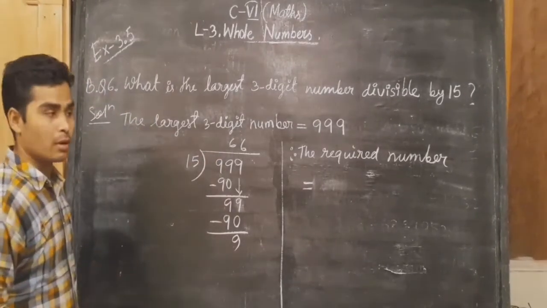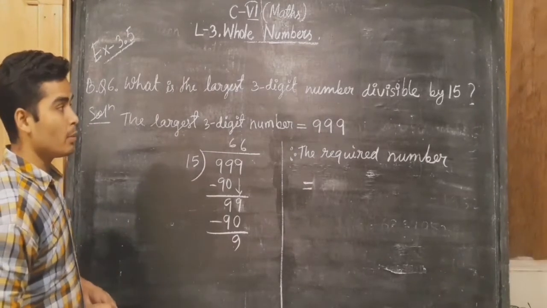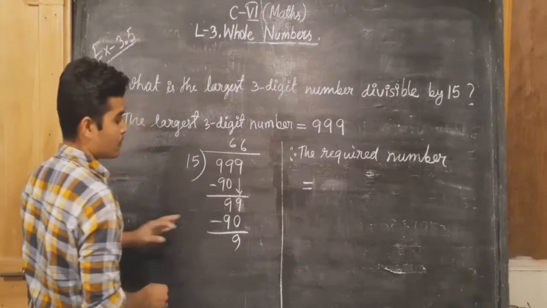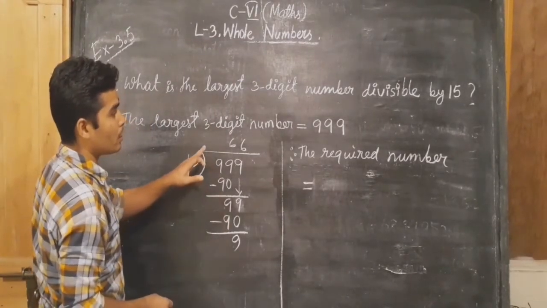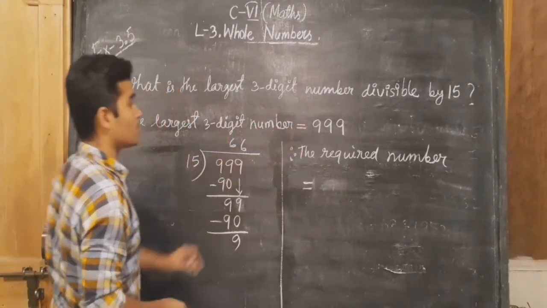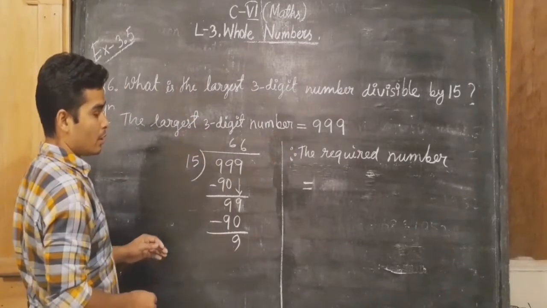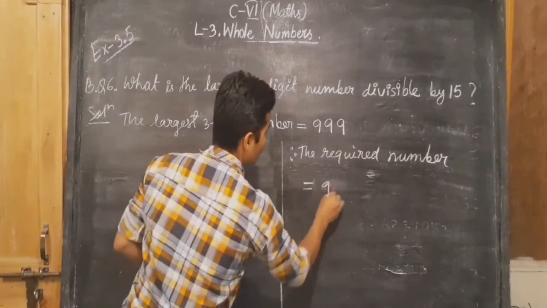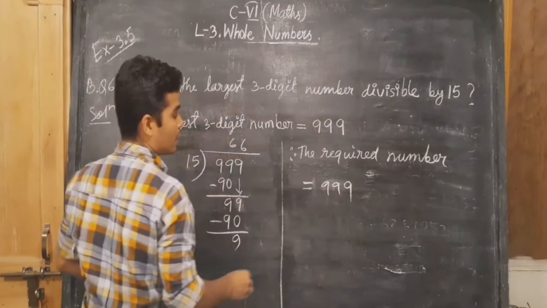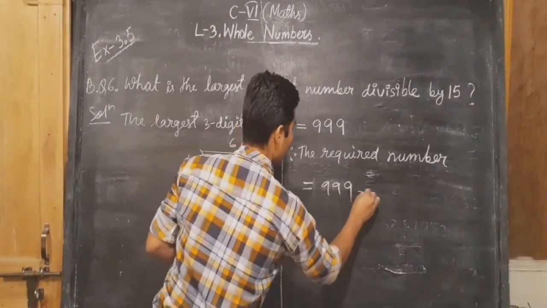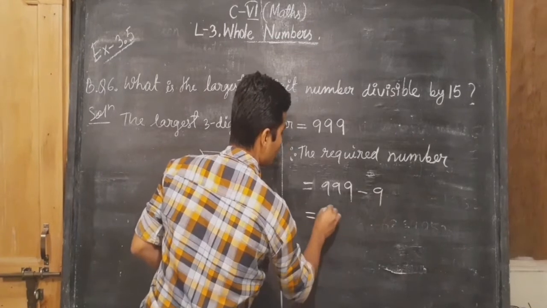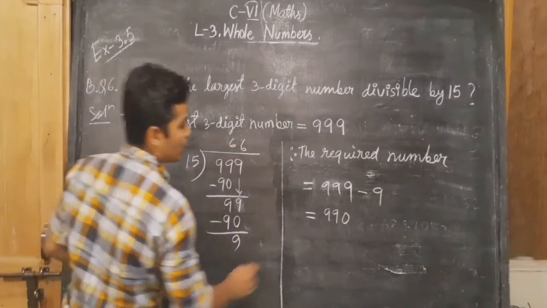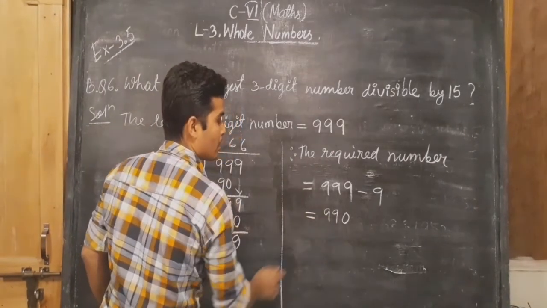Then what is the number which is exactly divisible by 15? If you will subtract the remainder from the largest 3-digit number, then we will get a number. That is, you can see here 999 minus 9. Then we will get a number. That will be 990. So this is our required number.